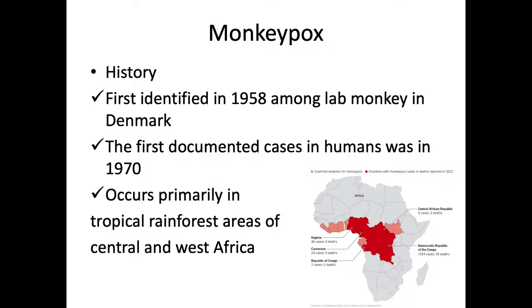But what's the difference here? The reservoir for monkeypox is not monkeys but rodents. It's a wrong name. Monkeys can get infected, but the main reservoirs are rodents. In HIV, actually, HIV came from simian immunodeficiency virus. We'll cover this.